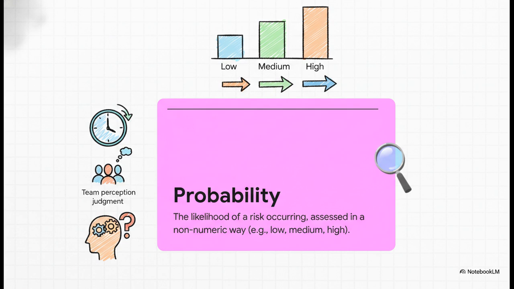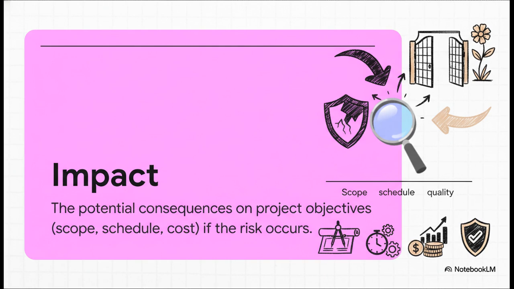It is an evaluation based on expert judgment and team perception, typically rated on a very simple scale like low, medium, or high. Next, we have impact. This measures the potential consequences, the damage a threat could do, or the benefit an opportunity could bring, if the risk actually happens. And we always measure this against our key project objectives: scope, schedule, cost, and quality.